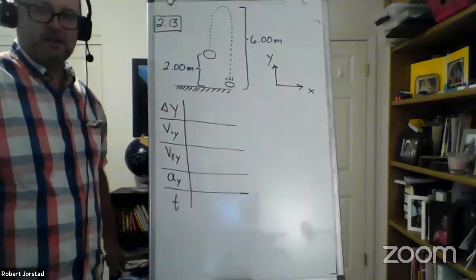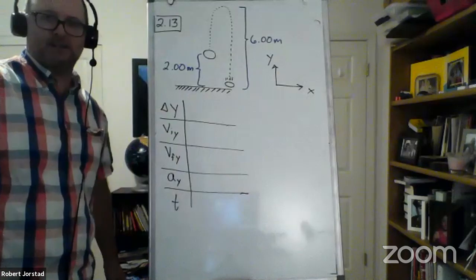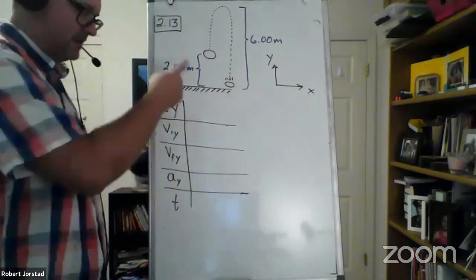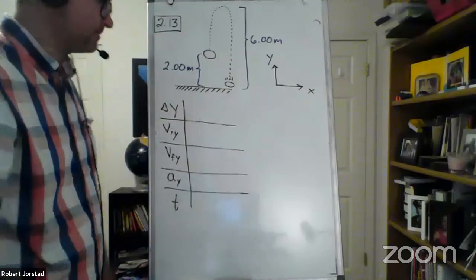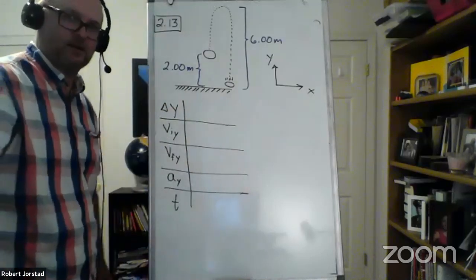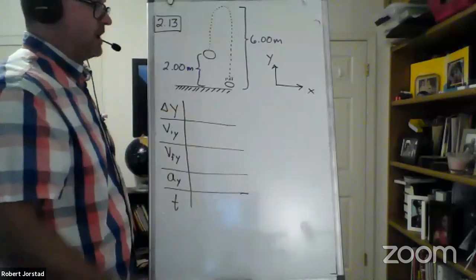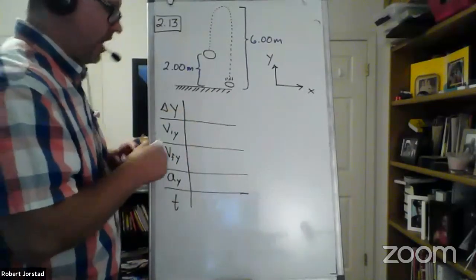Okay, so you've probably had a second to look at it. Let's focus right here. This part, I really want you to understand, okay? So please listen, even if you're tired and ready to go. Delta Y, what is the change as we go upwards? And what are we trying to get?